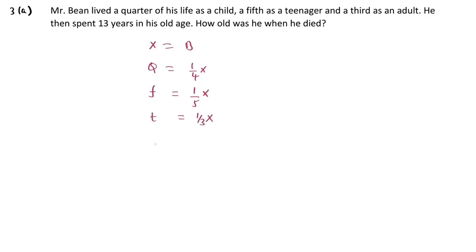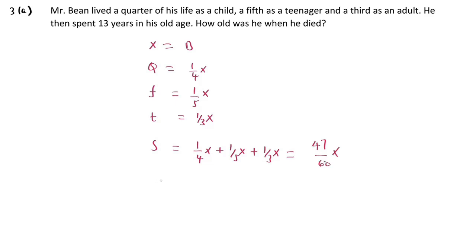Okay, so next we are going to take the sum of all the terms. So the sum is going to be 1 over 4 x plus 1 over 5 x plus 1 over 3 x, of which after summing the values we are going to have 47 over 60 x.